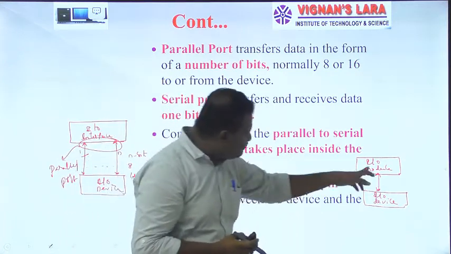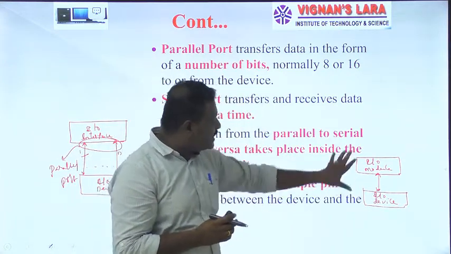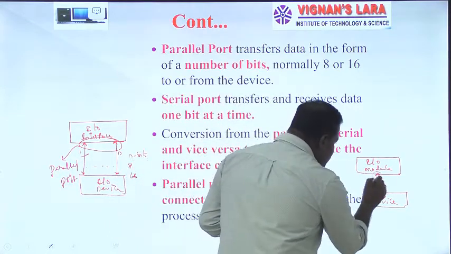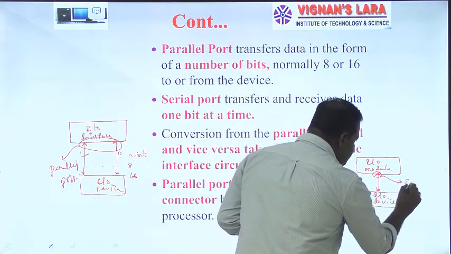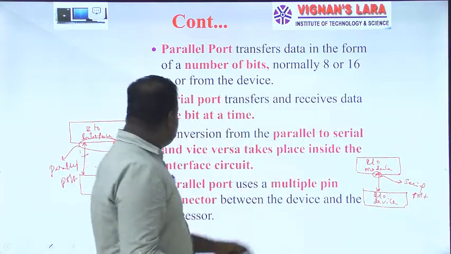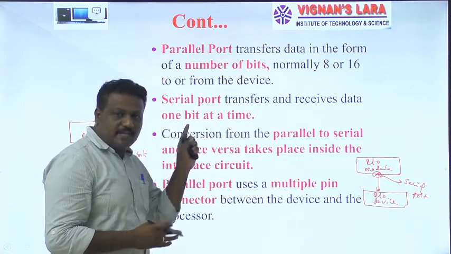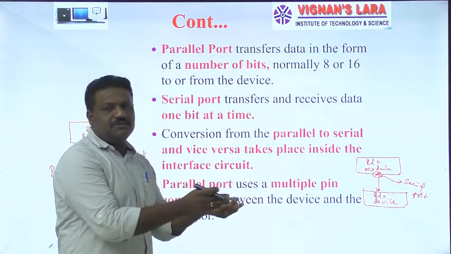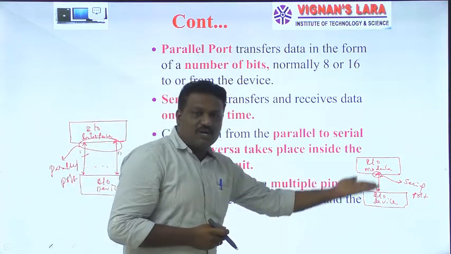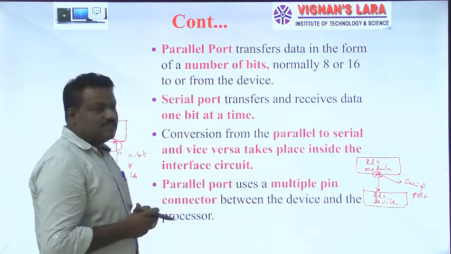So when only one communication link exists for data transfer between an I/O module and an I/O device, at this end you have a port. That port we can call a serial port. So what can a serial port do for us? The serial port either transfers or receives 1 bit at a time, to or from the I/O device. That's the meaning of this.